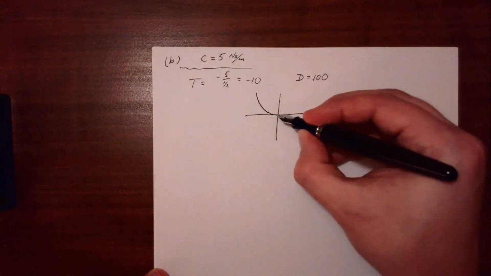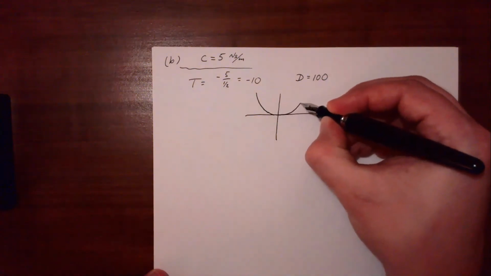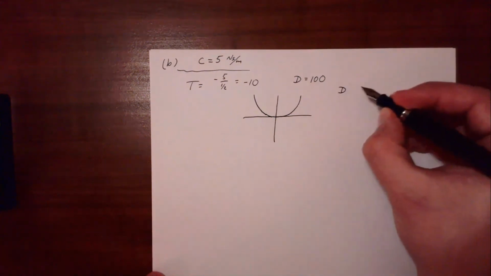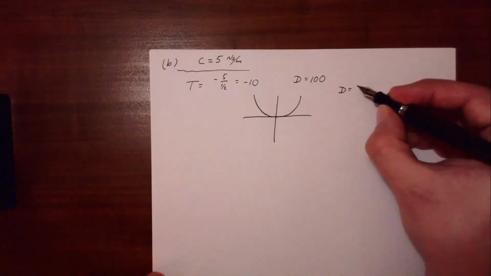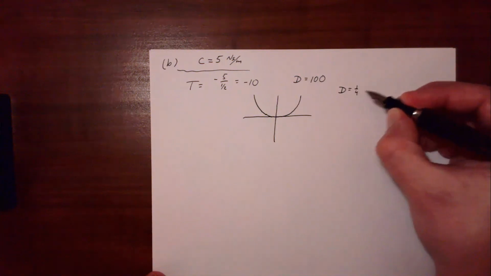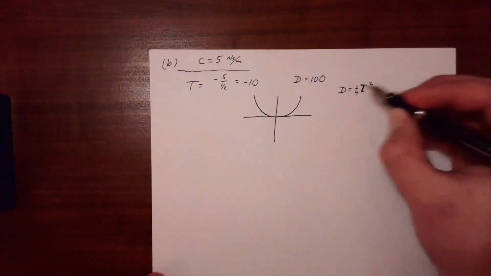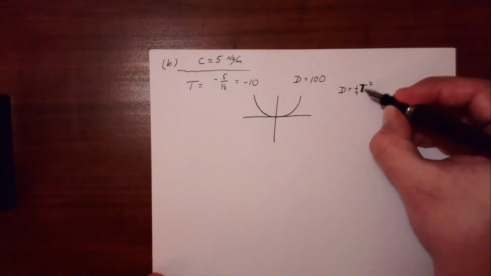Now here, if we weren't sure where it was relative to the parabola, we can just figure out, is D greater than 1/4 t squared, less than 1/4 t squared, or what?